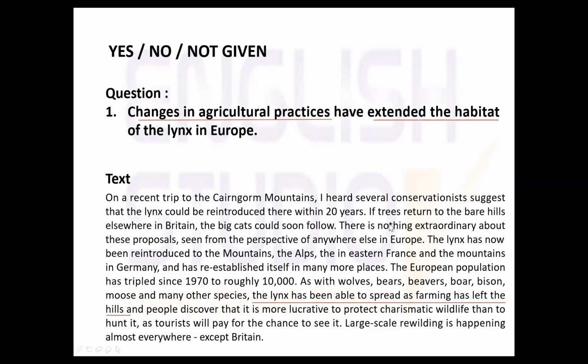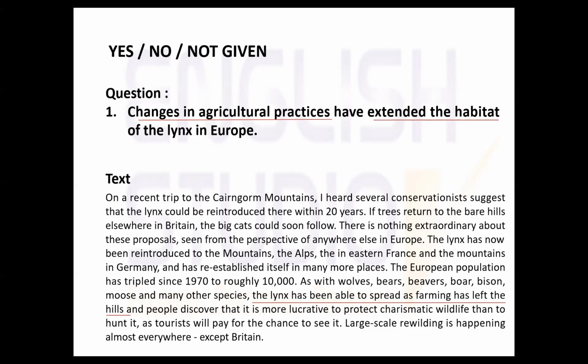If trees return to the bare hills as were in Britain, the big cats could soon follow. There is nothing extraordinary about these proposals, seen from the perspective of anywhere else in Europe. The lynx has now been reintroduced to the mountains, the Alps in eastern France, and the mountains in Germany, and has re-established itself in many more places. The European population has tripled since 1970 to roughly 10,000, as with wolves, bears, beavers, boar, bison, moose, and many other species. The lynx has been able to spread as farming has left the hills.